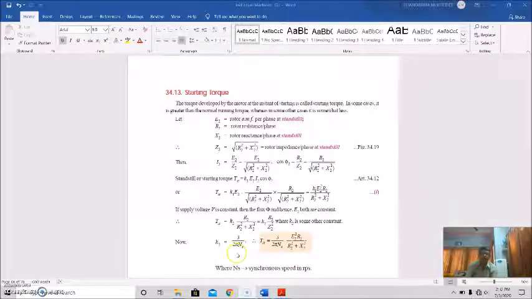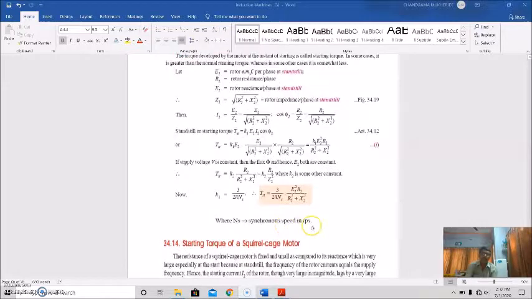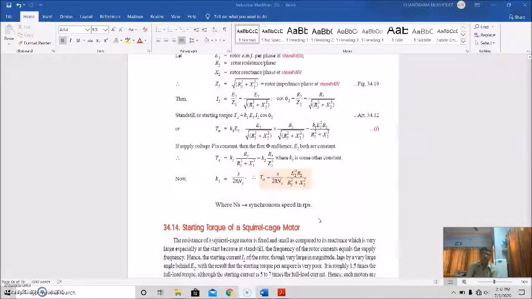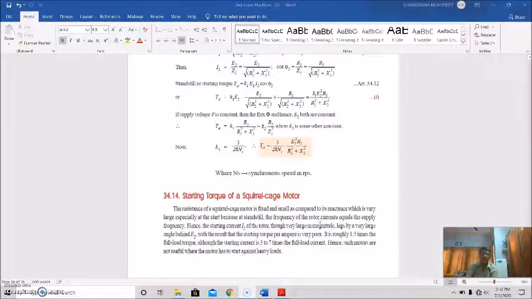So from the discussion of the starting torque, that is from its expression itself, if we compare the starting torque of a squirrel cage induction motor and a slip ring induction motor, we find that the resistance of the squirrel cage motor is fixed, and it is small compared to its reactance, which is very large, especially at standstill conditions, where X2 equals sX2 with s equal to 1.